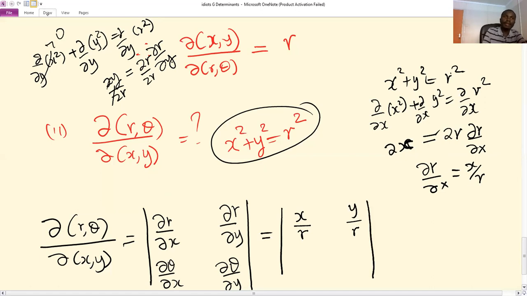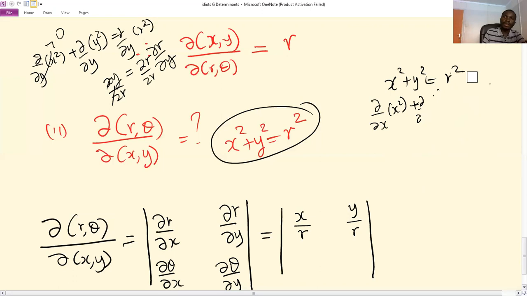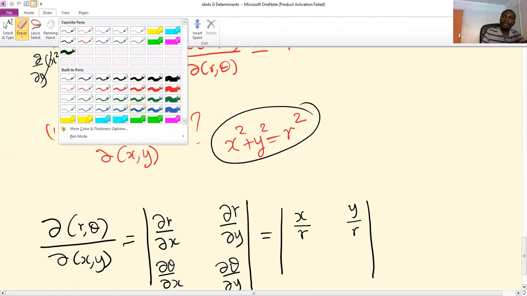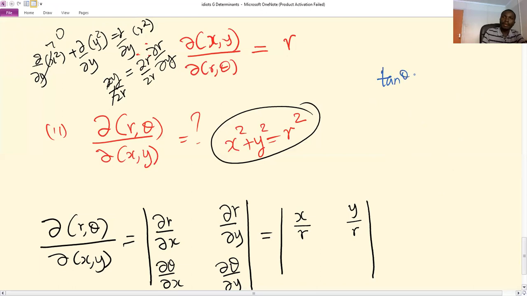And then the relationship between x, y and theta was that tan theta is the same as y over x.